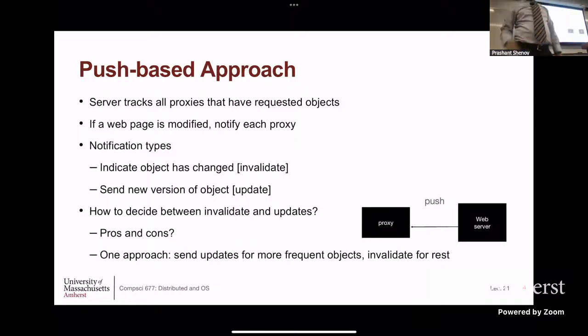The server observes that a web page has been updated, and its responsibility is to push an invalidate message or an update message to every proxy cache that has it. So the server has to keep track of all the proxies that have requested content from it. It has to have a list. Okay? And whenever a web page changes, it can look at the list of which proxies have cached that specific URL, and then it has to send a notification.